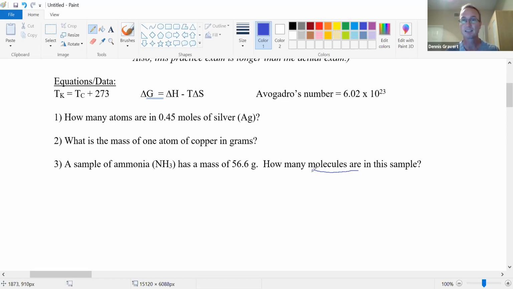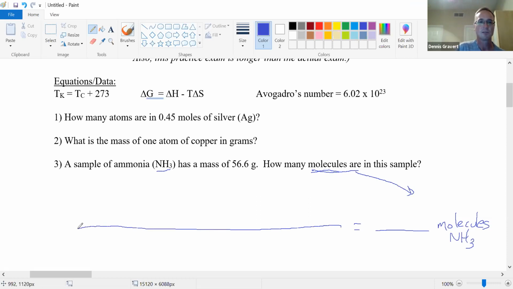So what do we want? Molecules. So put that over here on the right side. And it's helpful to identify specifically what molecules, NH3 molecules. So we're trying to find out how many molecules of NH3 do we have? Well, what do we know?